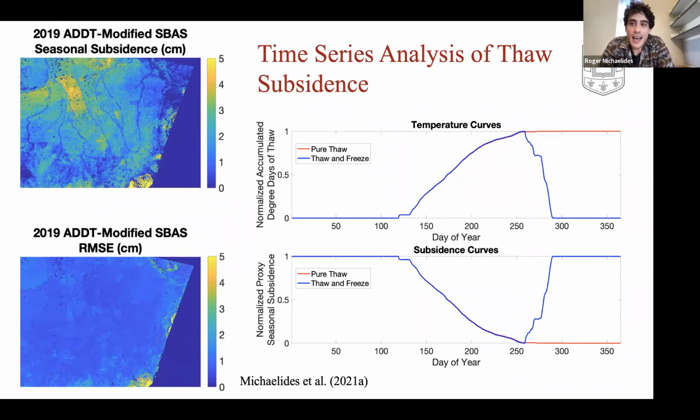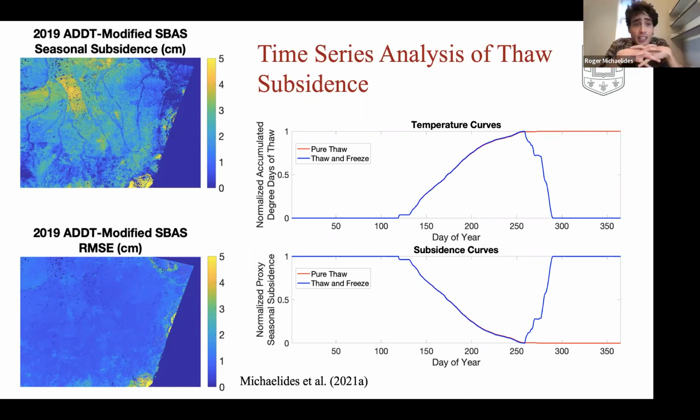So what we're seeing is that about 10 years after the fire, we still have pronounced and elevated seasonal subsidence with respect to the unburned tundra around it. And then right here, we can see how that seasonal subsidence behaves in this square root of time behavior. So that's one example of how we can apply this kind of time series analysis to study permafrost systems.